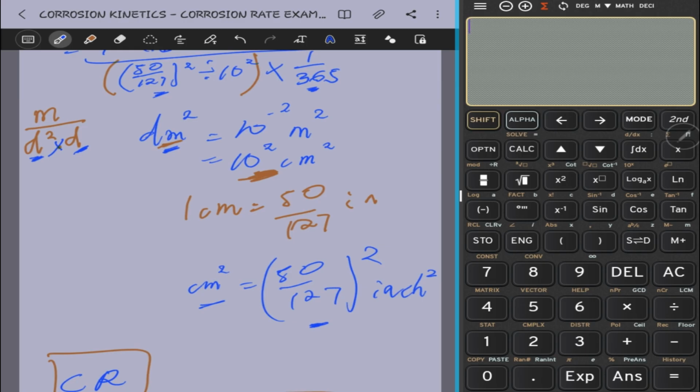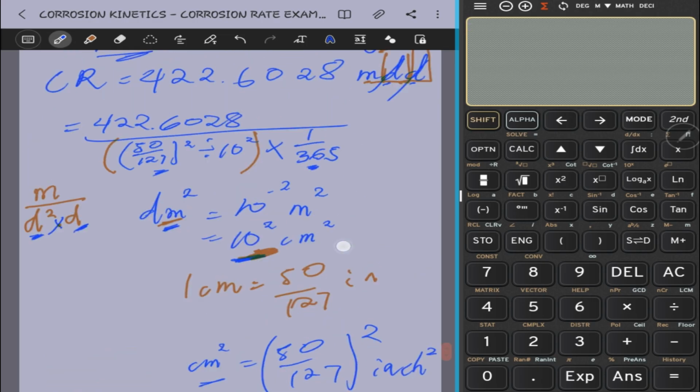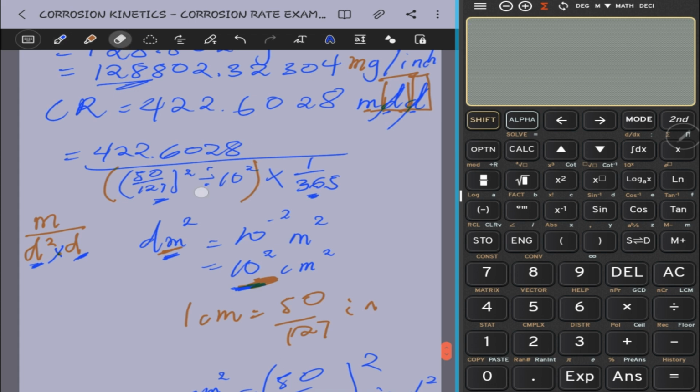So this one here will just be 50 on 127 squared times the 100, which is 10 to the power 2, right? So that will give us the inch squared that we're looking for. So this here should actually be times and not plus.